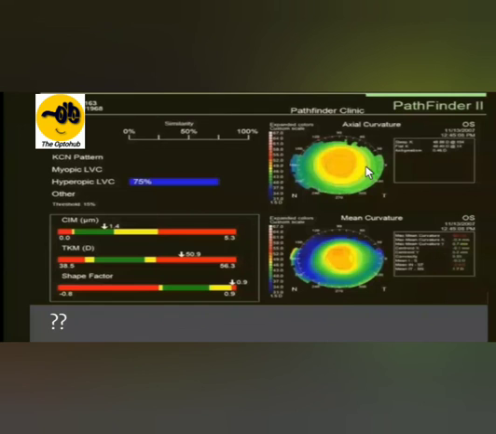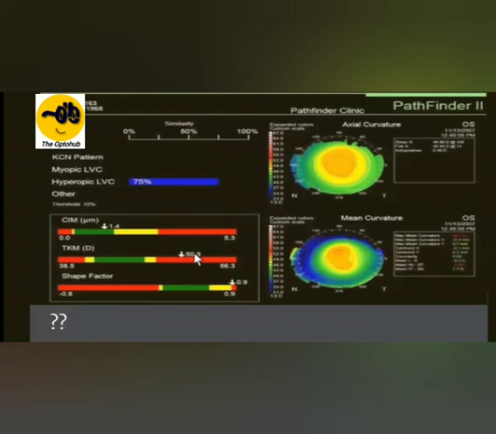This is totally opposite to myopic laser vision correction. A similar pattern we'll see in the mean curvature, that the central area is steeper as compared to the mid periphery and the periphery. The CIM is in the green region, whereas the TKM, if you see, is 50.9 diopters.